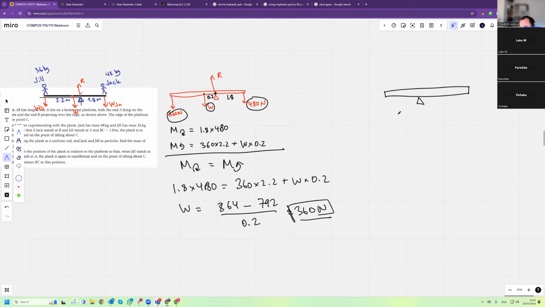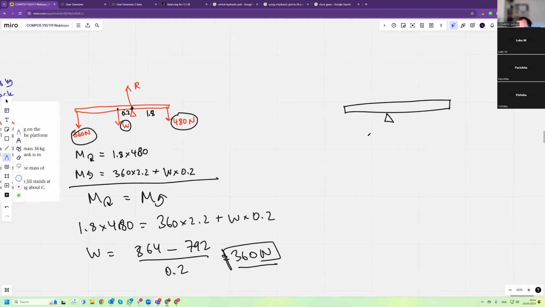The pivot is somewhere here, and let's say this is X. This is 2 minus X. So this is 480. This is 360. And here is 360 again.